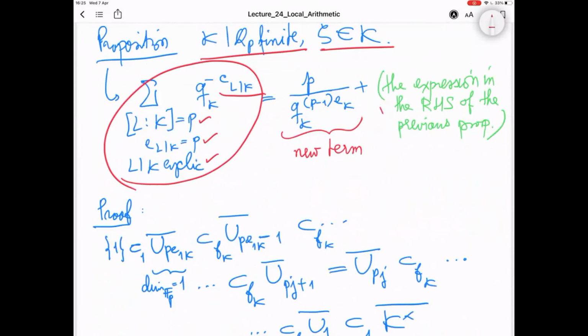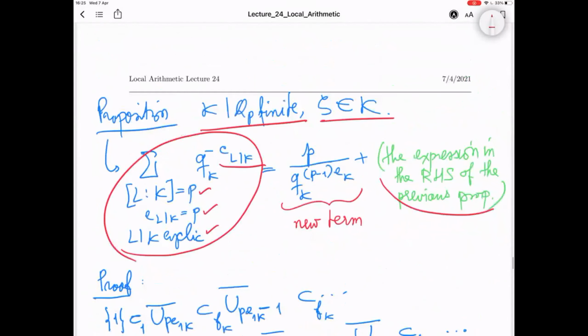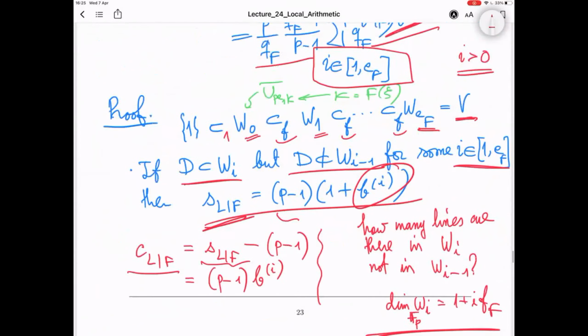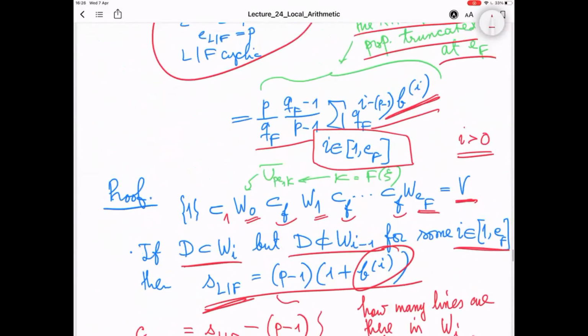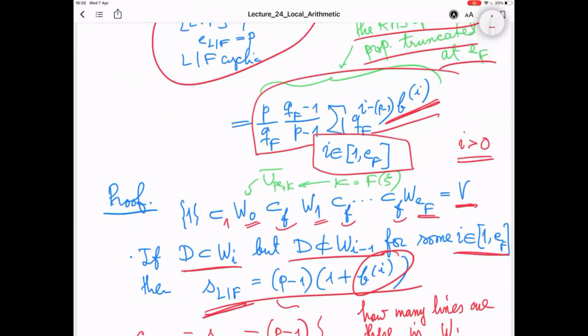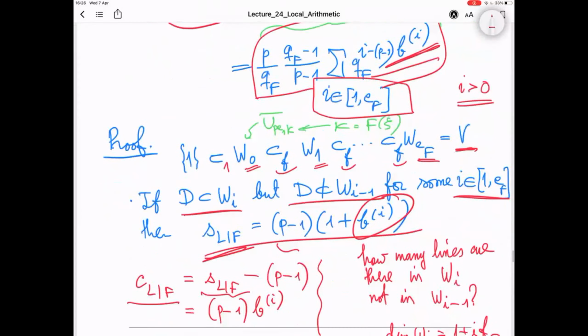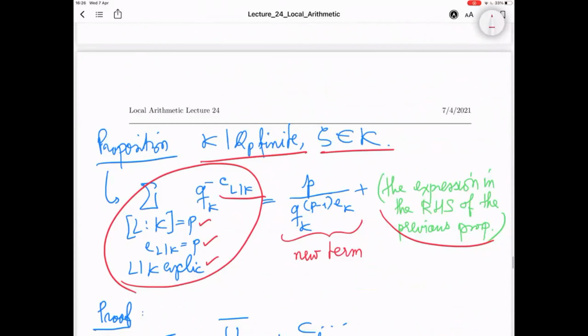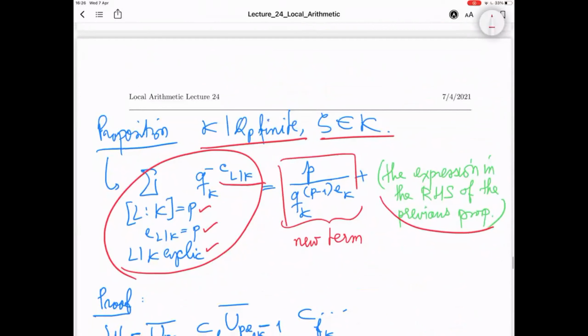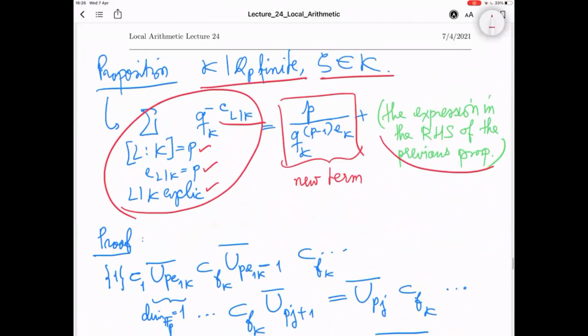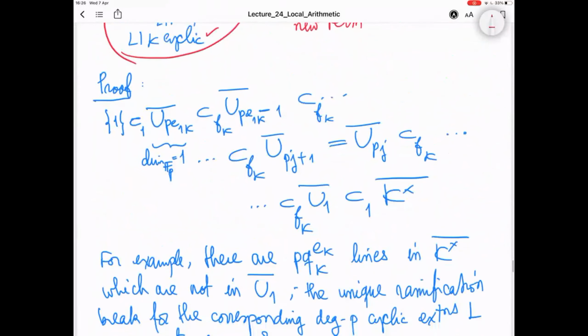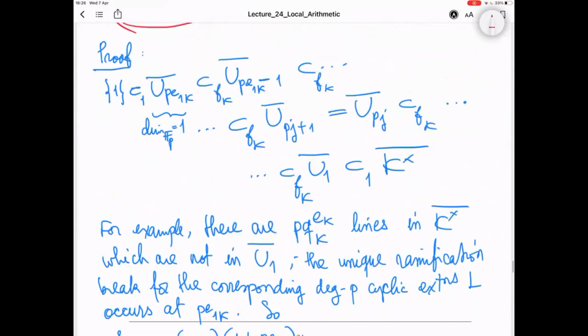But now, in addition to the expression that I have here, I have an extra term. This is the new term. Why is it there? That's because you don't terminate the summation here. You have to look at lines which are there in this space, which are not in U1 bar.